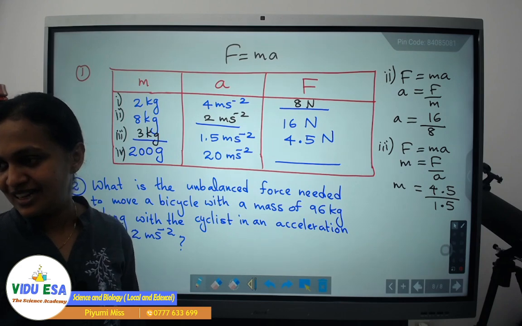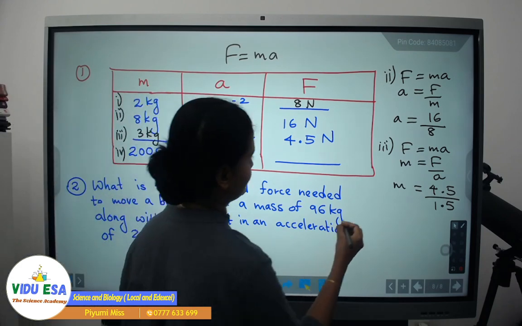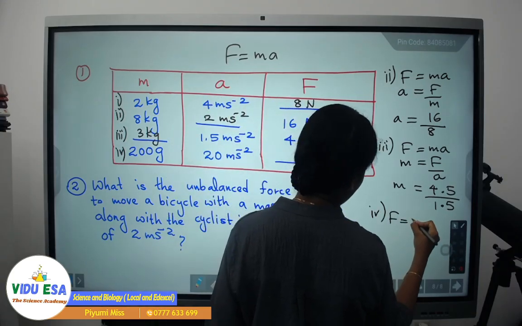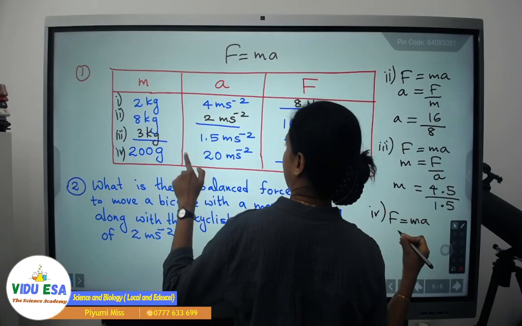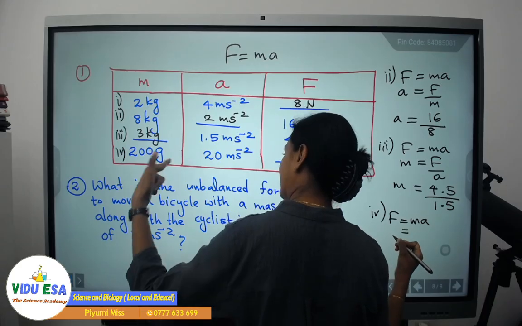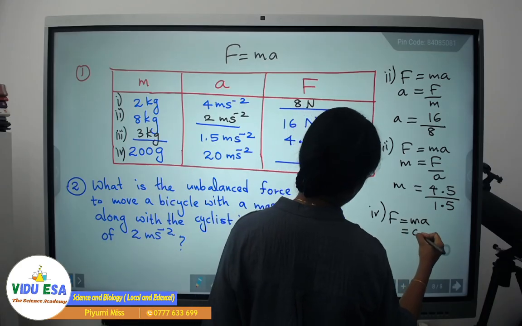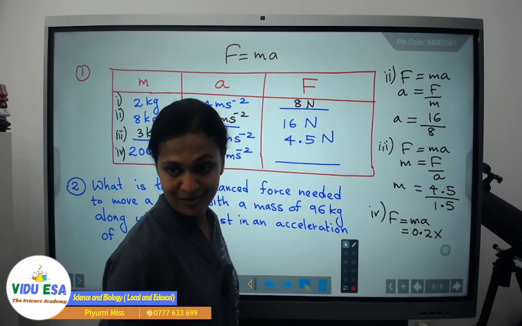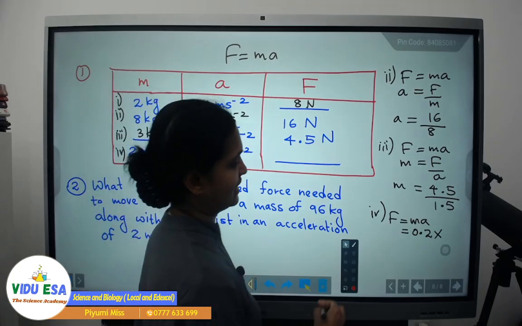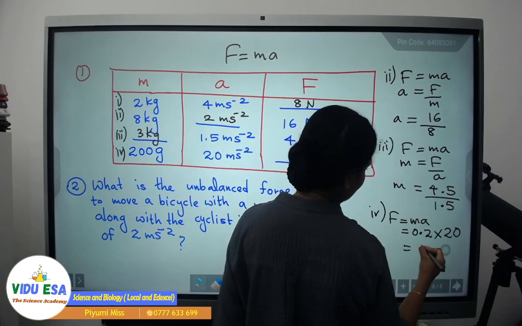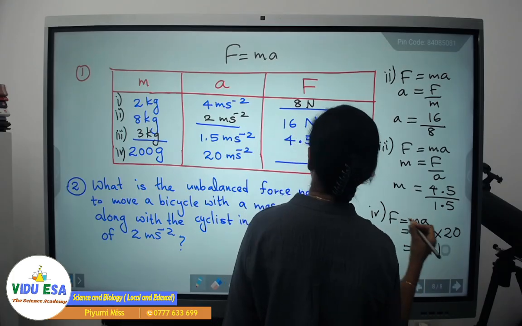Okay. Last one, fourth one. You are supposed to find the force, F equals ma, but the mass is given in grams. So you have to convert it into kilograms. You have to say that it is 0.2 kilograms. And the acceleration is given as 20. So 0.2 into 20, that is 4 Newton.